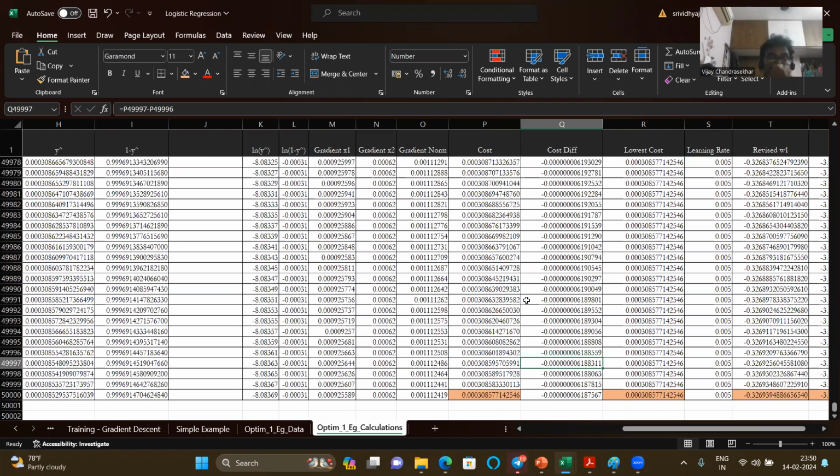He might say, I will have a rule where the cost diff, the difference between the previous cost and the current cost, has to be less than 0.00000001, 100 continuous times, then I'll stop.